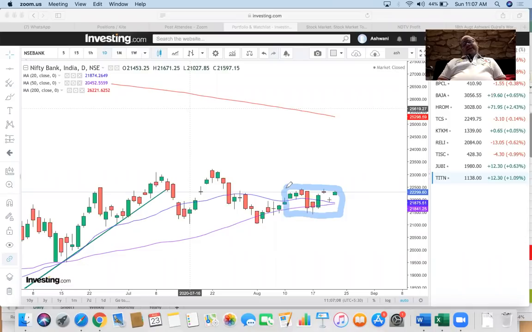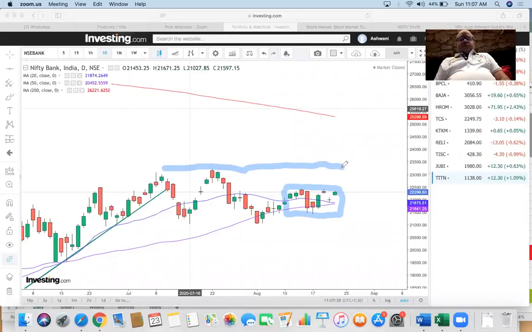So basically, if the Bank Nifty starts to cross 22,450 thereabouts, you are looking for an upside all the way to this point.